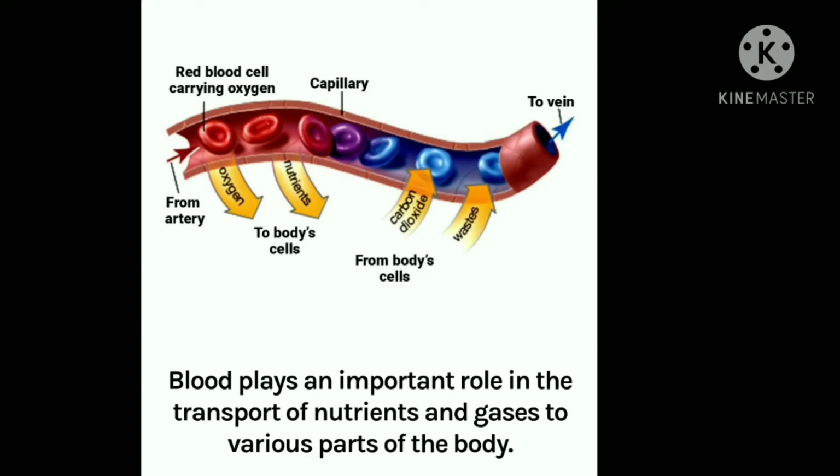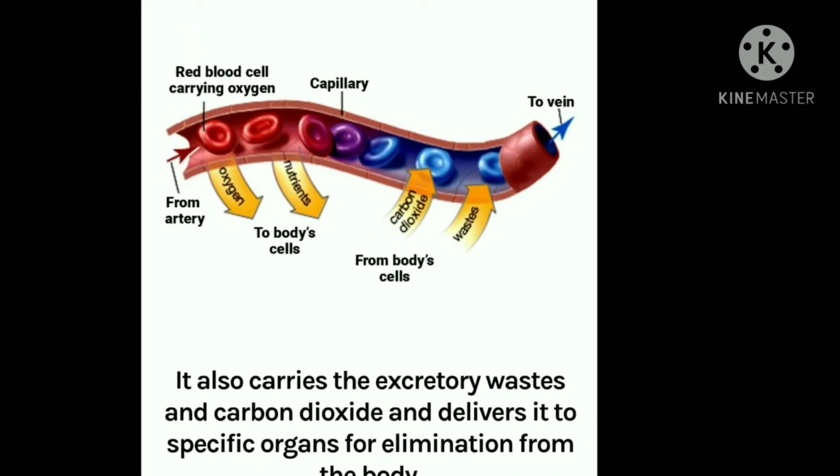When these red blood cells absorb the oxygen, they again turn to the red color, and in this way they transport different types of nutrients as well as the gases to various parts of the body. It also carries the excretory waste and carbon dioxide and delivers it to specific organs for elimination from the body.